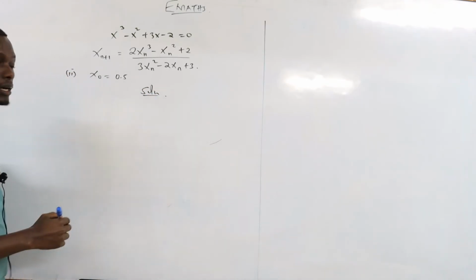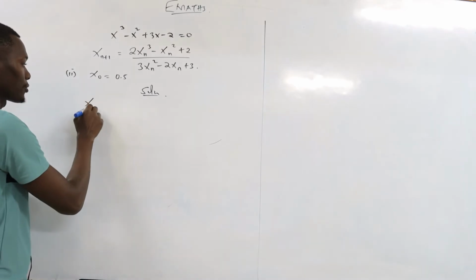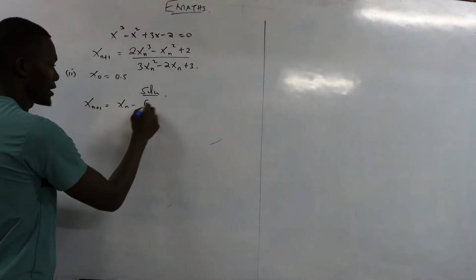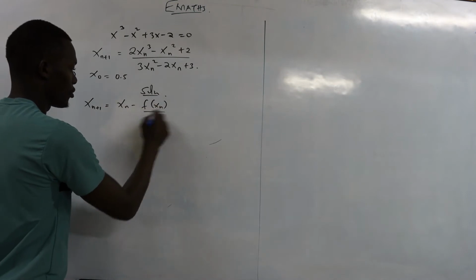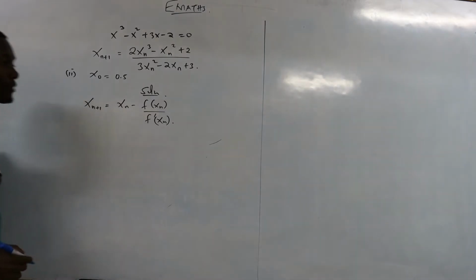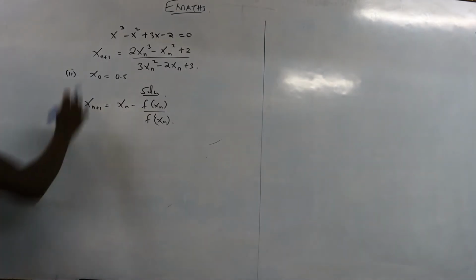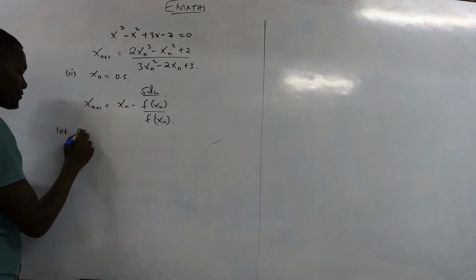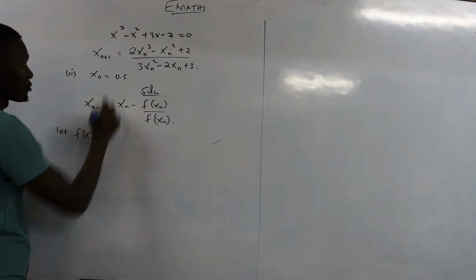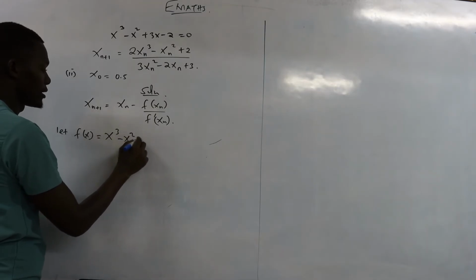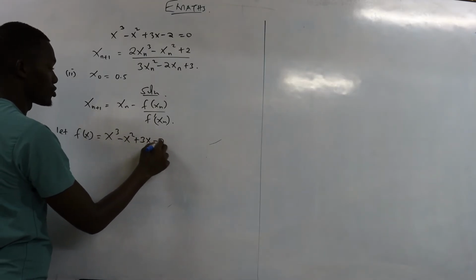The Newton-Raphson formula states that a better approximation xn plus 1 is given by xn minus f of xn over the derivative, that is the first derivative of xn. So the first thing we do, we have our equation here, so we let our f of x be this function: x cubed minus x squared plus 3x minus 2.